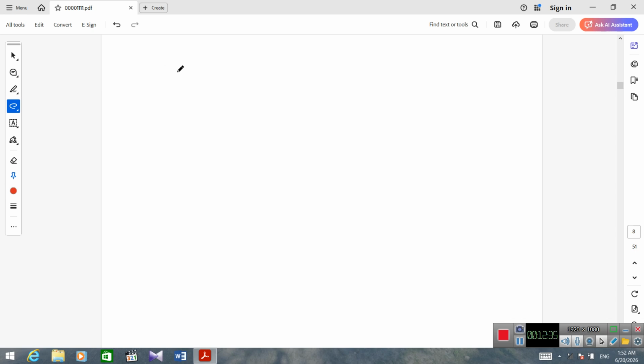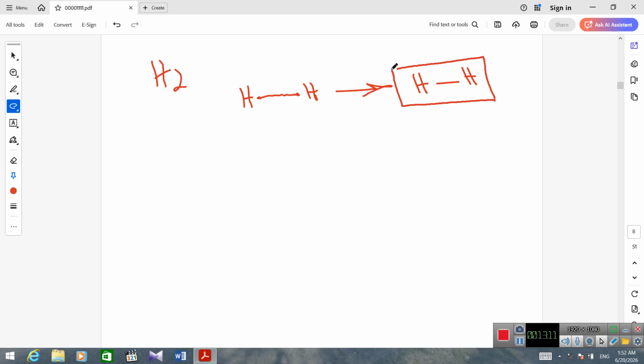For example, for hydrogen gas H2, 1 hydrogen has 1 electron, and another hydrogen similarly has 1 electron, and as I said before, we can connect the single electrons and form a single covalent bond, and as a result the Lewis structure of hydrogen will be this.